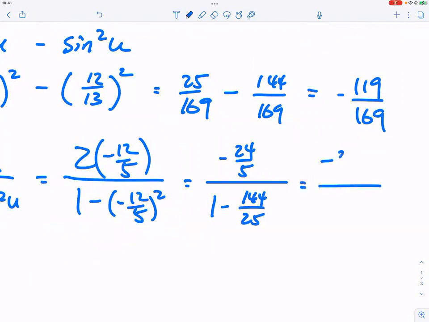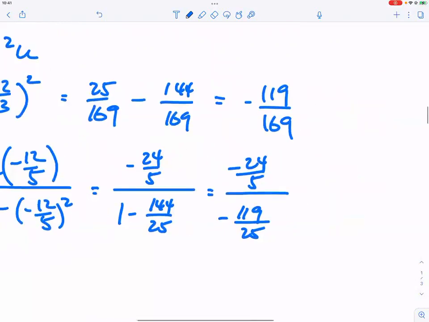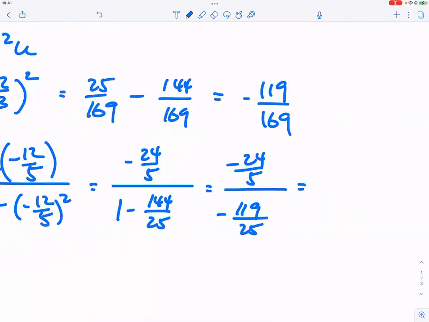That's equal to negative 24 over 5 over negative 119 over 25. Okay, now the negative and negative would cancel out. So you have 24 over 5 divided by the bottom fraction, meaning that you are multiplying by the reciprocal.